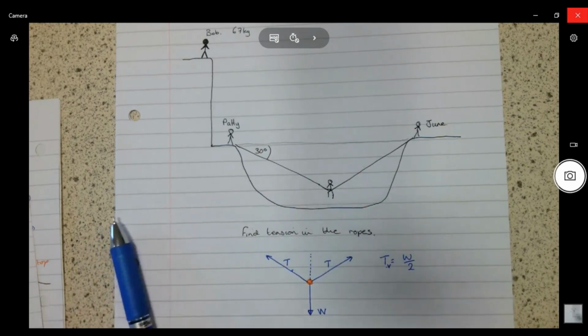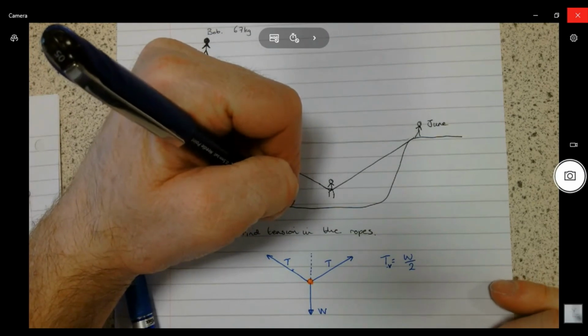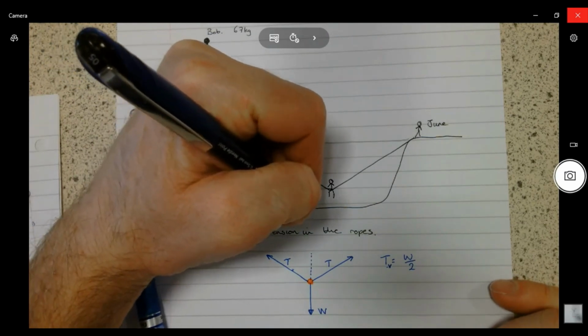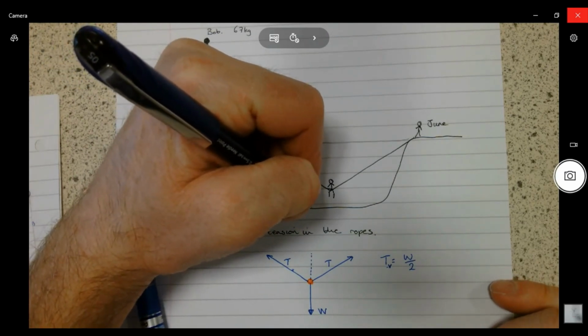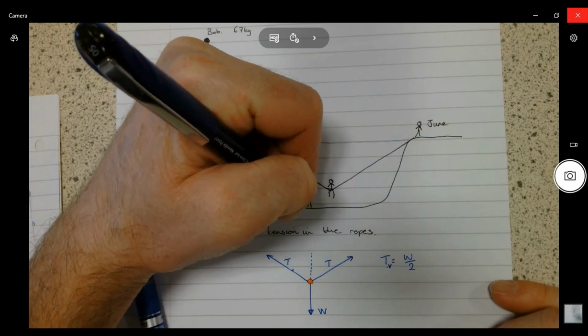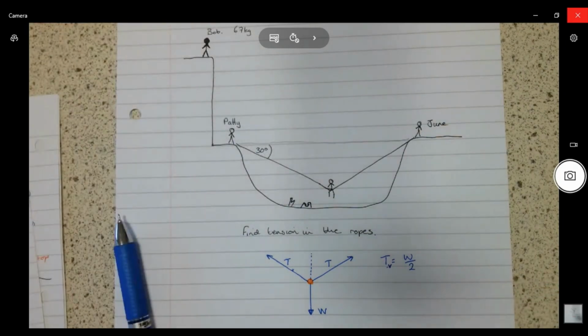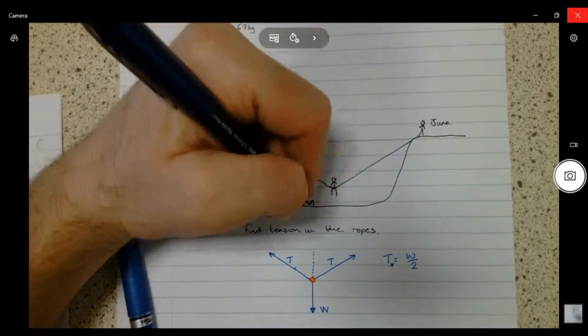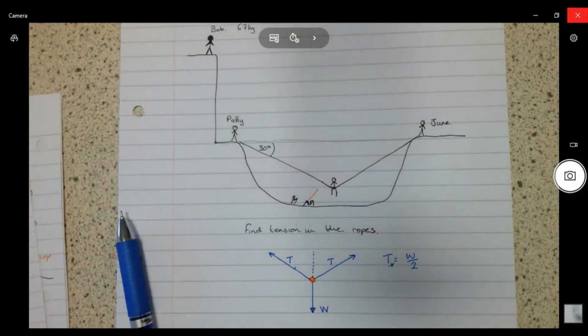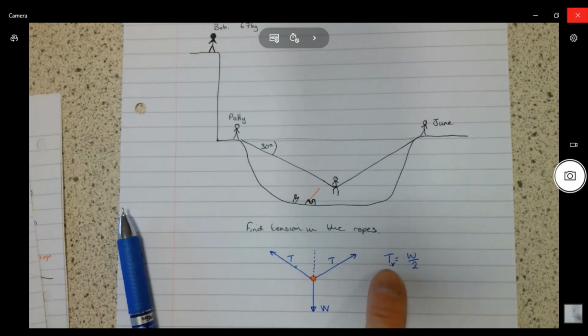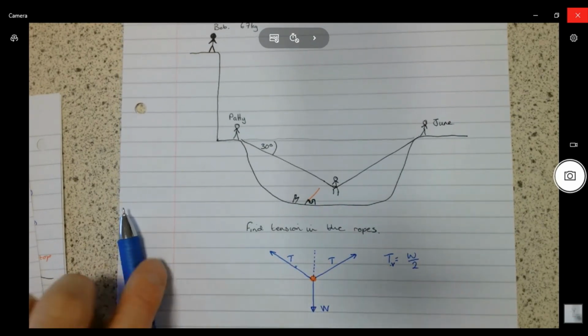Because Paddy and June are having to pull back. Hopefully they don't get dragged into the pit full of alligators and sharks with lasers out there. So the vertical component of tension is going to equal half the weight.